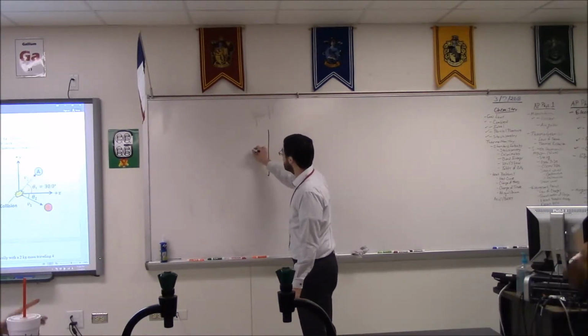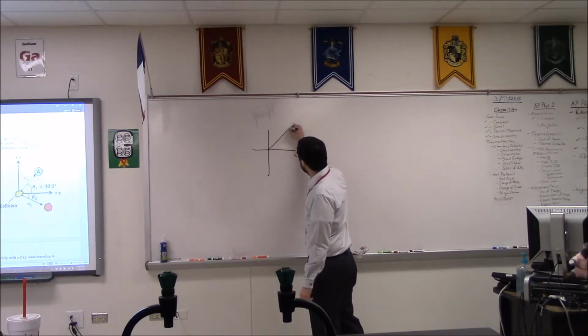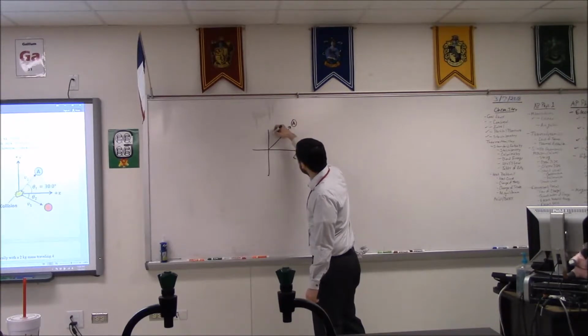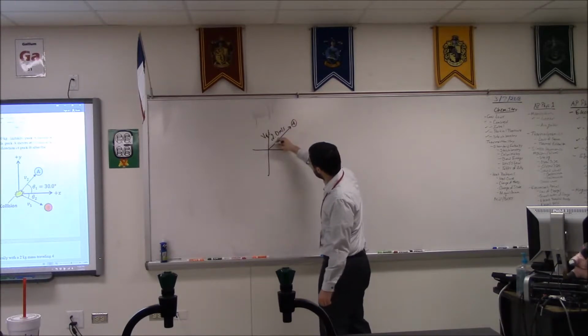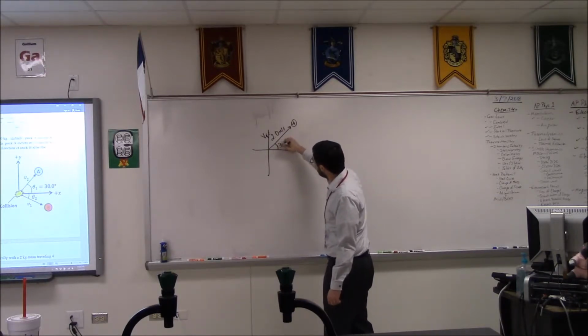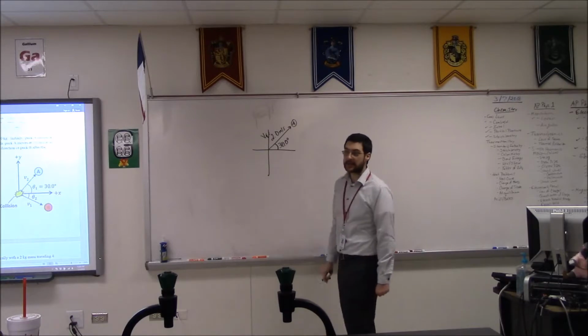You'll notice that puck A, it said, was moving off at a final velocity of 2 meters per second, but at an angle of 30 degrees, right?